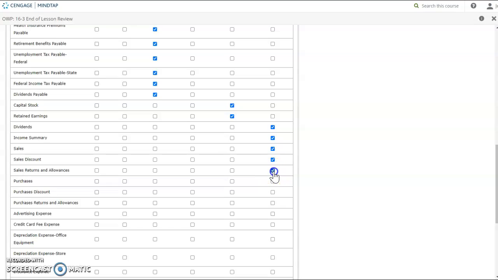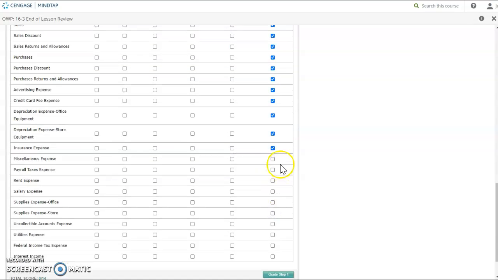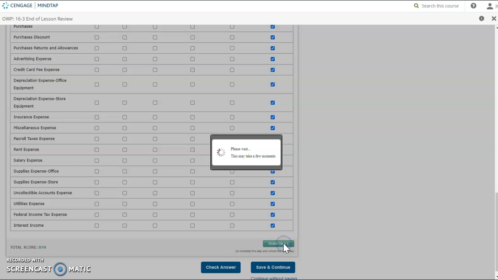These are things that are listed in other locations. So I can go down, I am going to read through them as I go through, but none of these expenses are going to be listed, so they're all not on our balance sheet. Okay, I'm going to go ahead and say grade step 1.